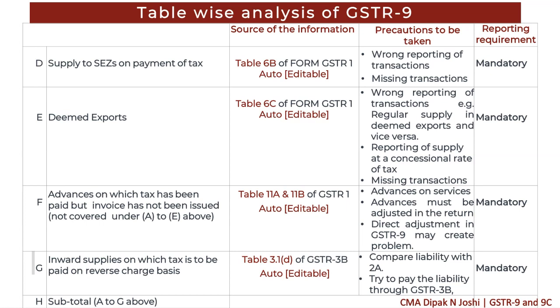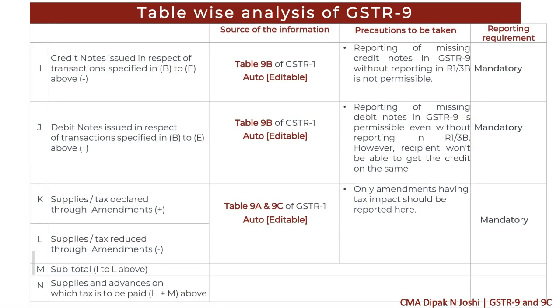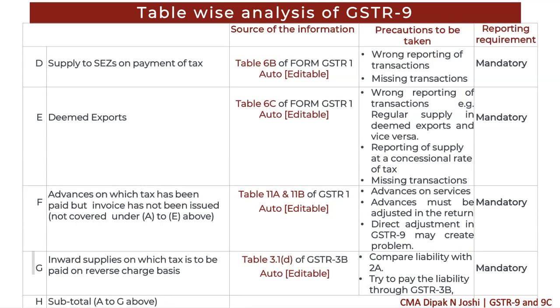Now, if the liability of GSTR 2A is more than the liability of table 4G, in that case one should identify the reasons for such difference, and if any liability is payable, then one should pay such liability through GSTR 3B within the stipulated time frame in order to get the input tax credit. If the time limit is over, in that case you are required to pay that liability through form DRC 03.